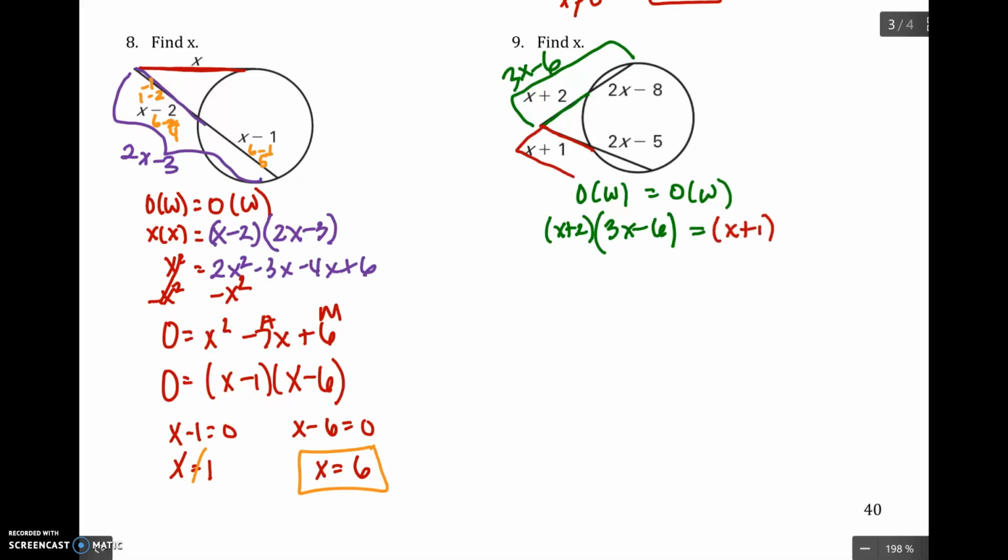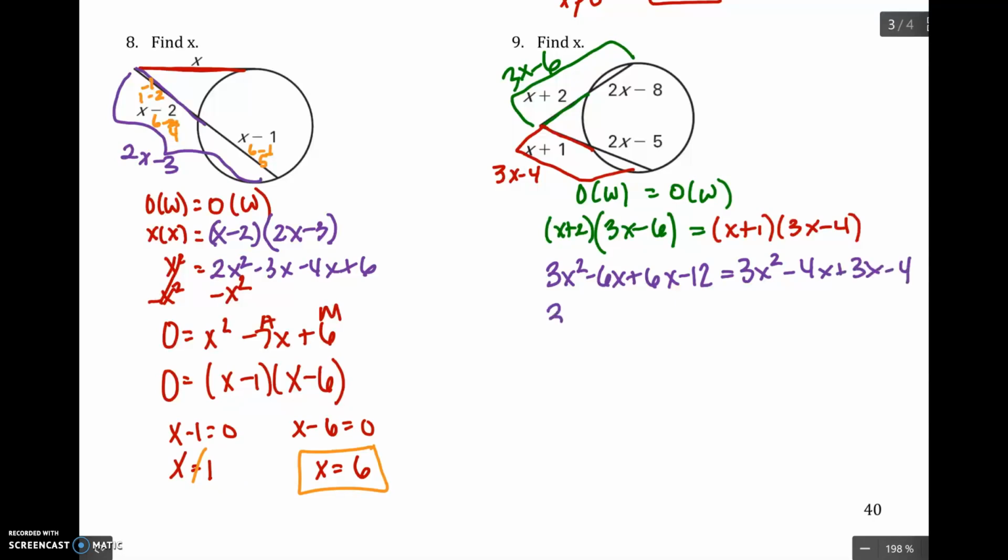And the whole thing, if you add those together, is 3x minus 4. And then we're going to distribute on both sides. So 3x squared minus 6x plus 6x minus 12. And 3x squared minus 4x plus 3x minus 4. Simplify everything down. These cancel.